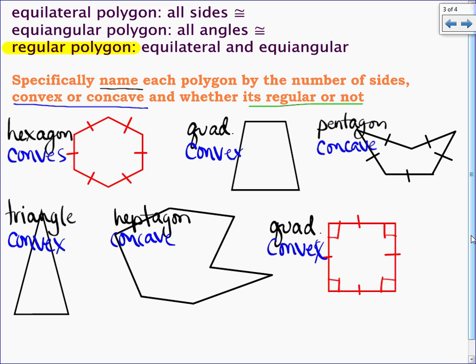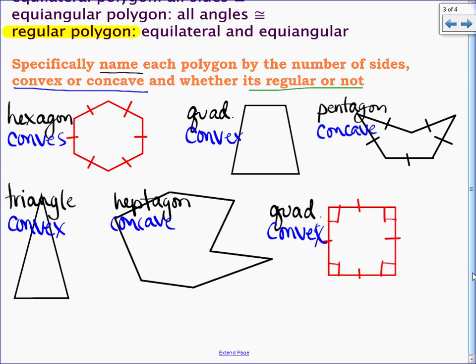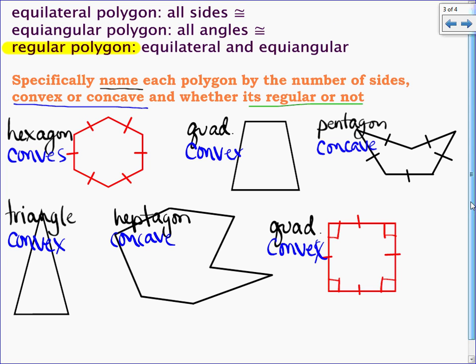Remember, equilateral is all equal sides, equiangular, equal angles, regular is that it's both. So looking at these, keep those up there as options. That first one, what would you classify it as? Yes. Yes, it is equilateral.